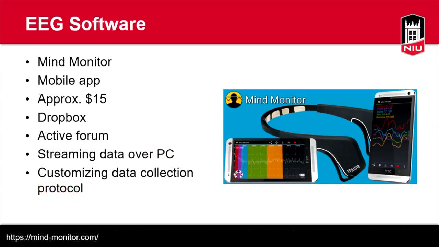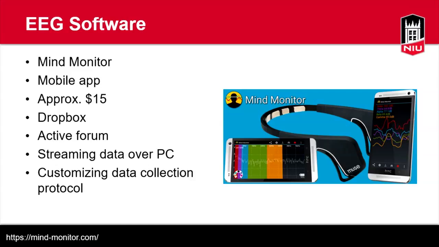And this is the third-party software we purchased, only $15, called Mind Monitor. Initially it was designed for meditation, but this way we can get all the raw signal data for our research. It's connected to our mobile app, so the recorded data is instantly shared with Dropbox. The developer is very active and very good at responding to technical questions.